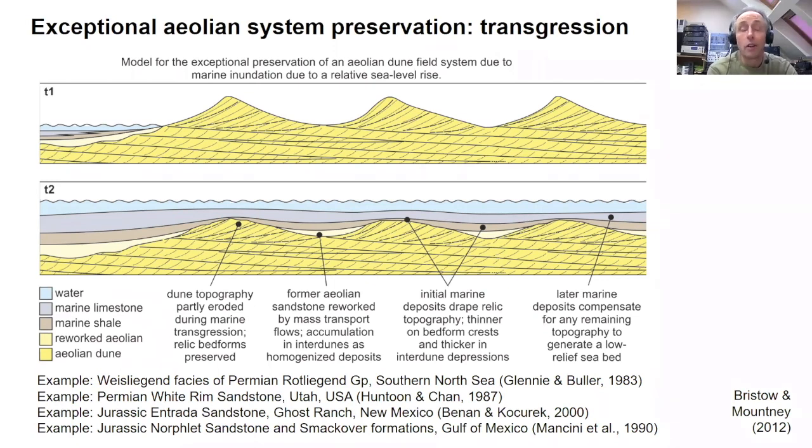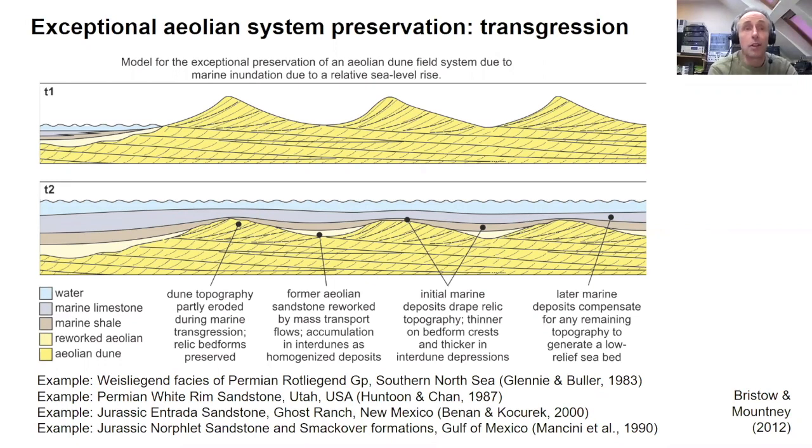A well-known one is in the subsurface from the southern North Sea, here in the UK sector, where we have topography of Aeolian origin that's preserved beneath the so-called Weissliegend facies, in an onset of the Zechstein transgression, the Zechstein Sea. So that's a Permian example.